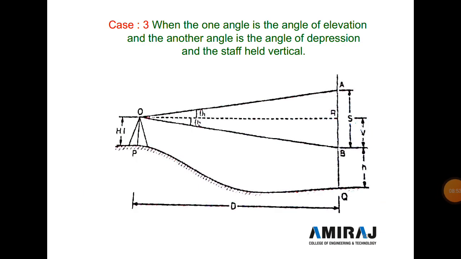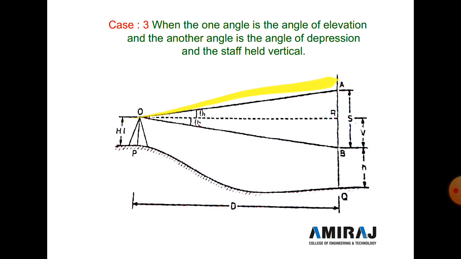another case, number 3, when one angle is an angle of elevation and another angle is an angle of depression. So see this figure exactly: the instrument is set at a P point and the staff held vertically at a Q point, and this dotted line shows the horizontal line of sight.